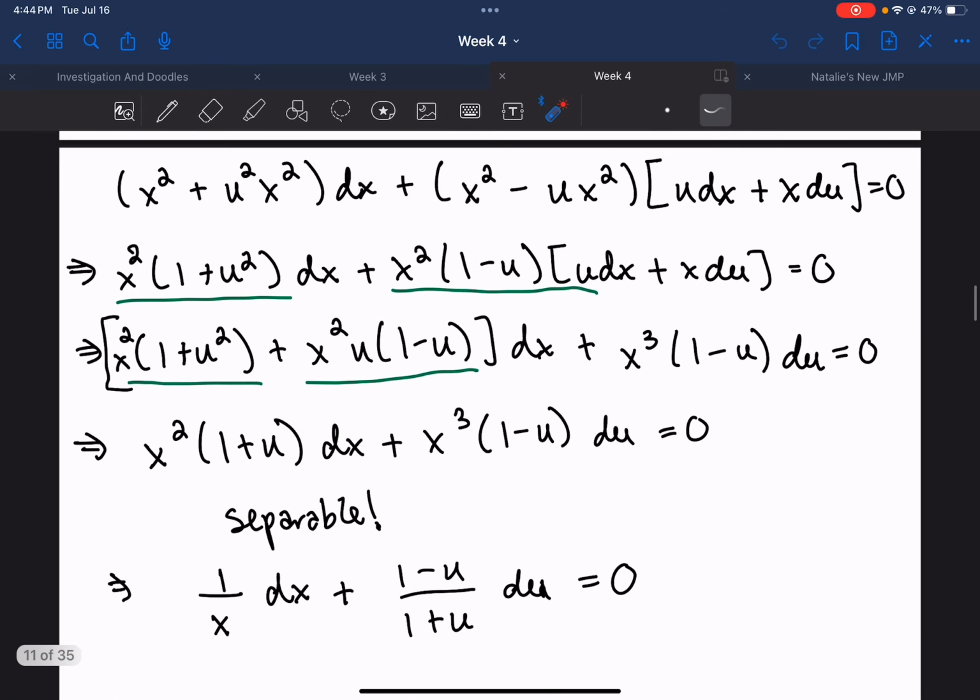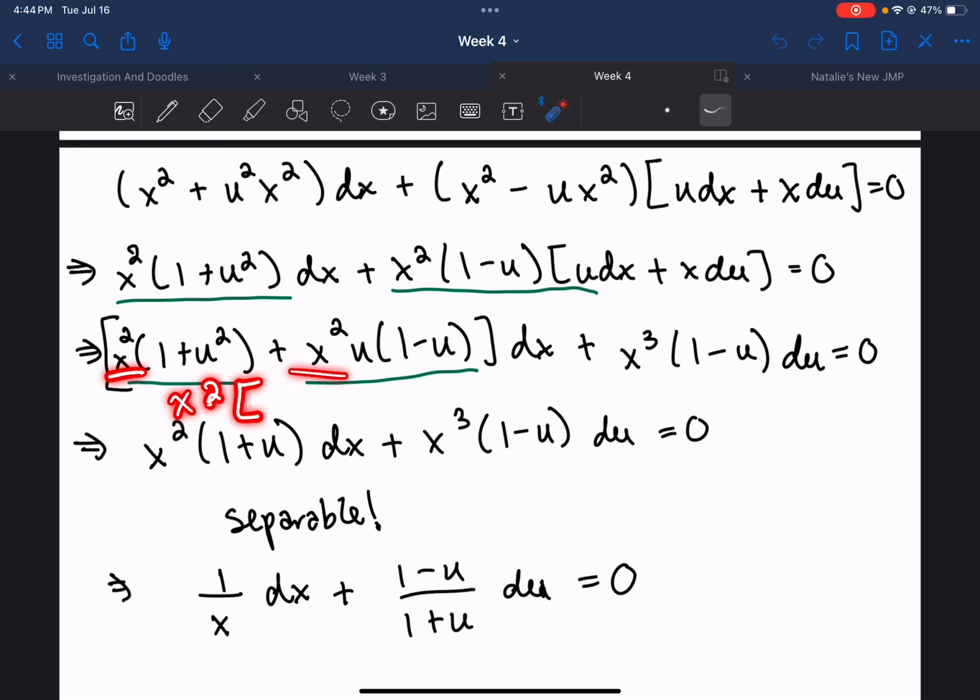And if you were to combine terms over here, what would you get? You'd get x squared, and I can factor out an x squared from both terms.